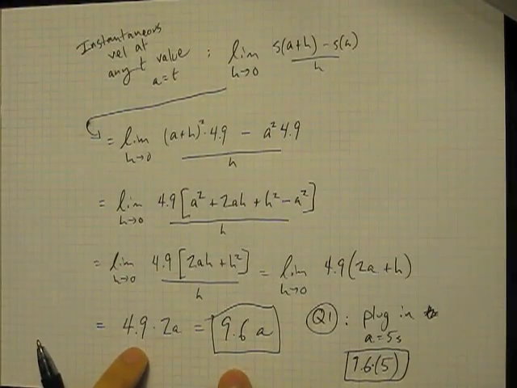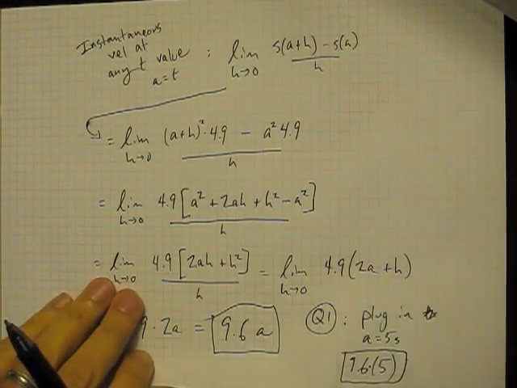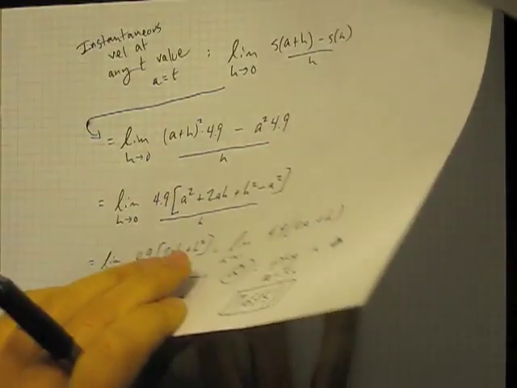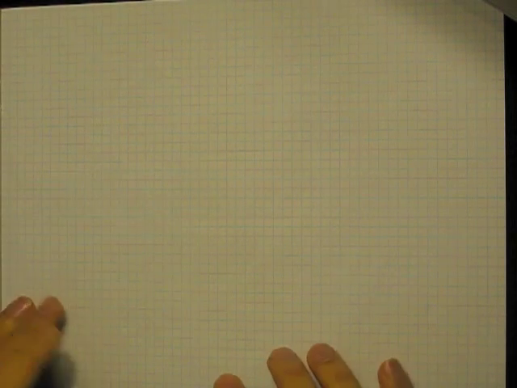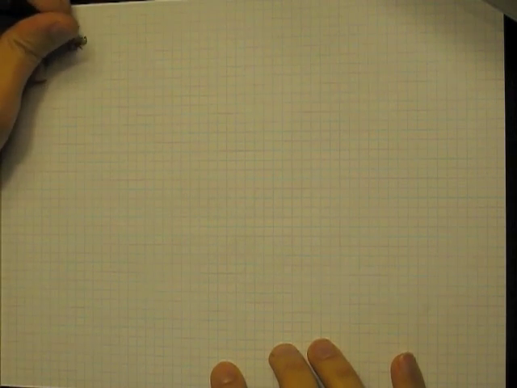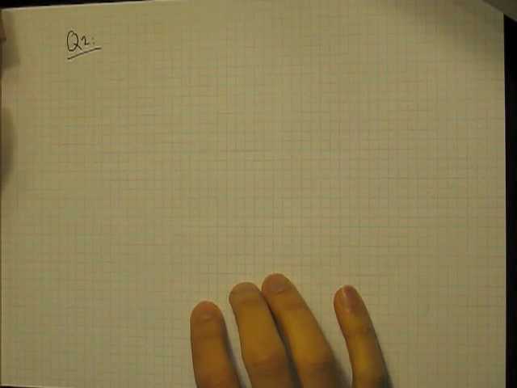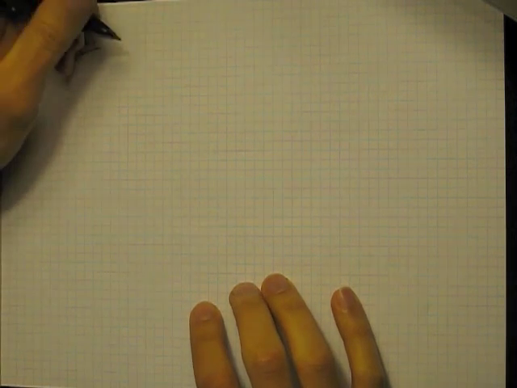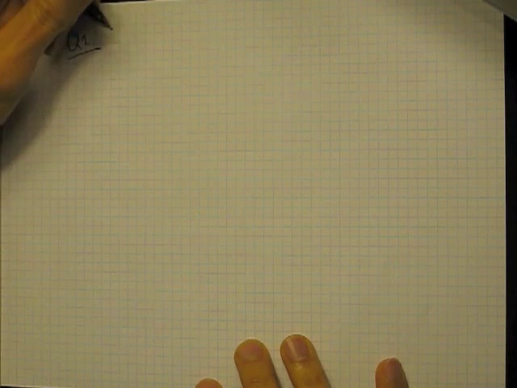Okay, but I want to keep this in mind as we move on to answer question number 2, and that is the question of what is the object's speed at impact?